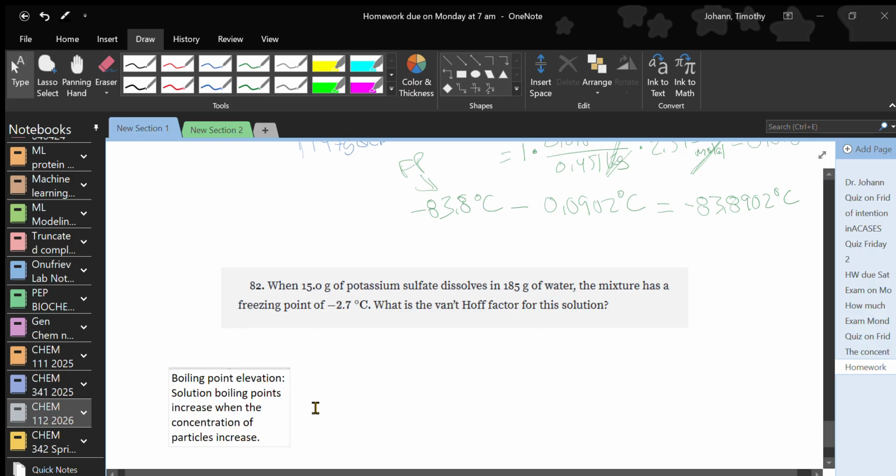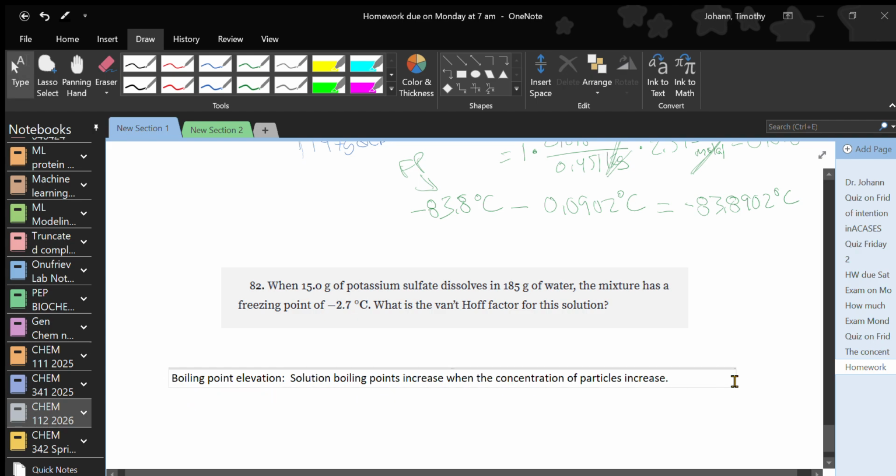So in other words, we're not doing a problem like this, but if I had a solution with water and I was throwing salt in, I was throwing sugar in, and I was throwing some protein in, I'm going to use fudge as an example. You throw a lot of things into fudge, all right? All of those things make the boiling point go up.